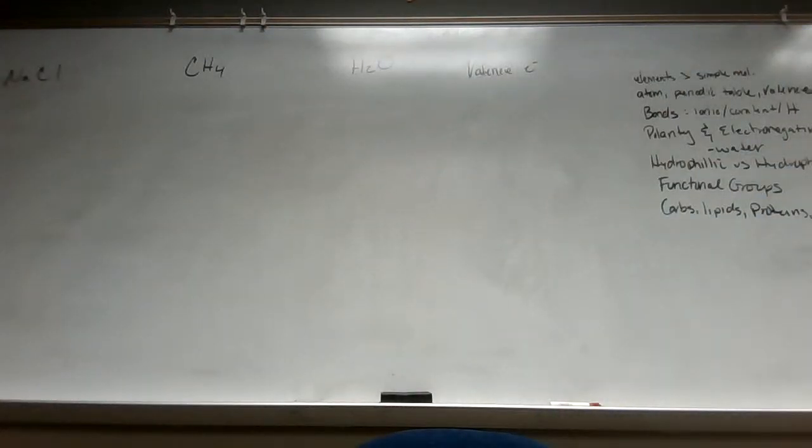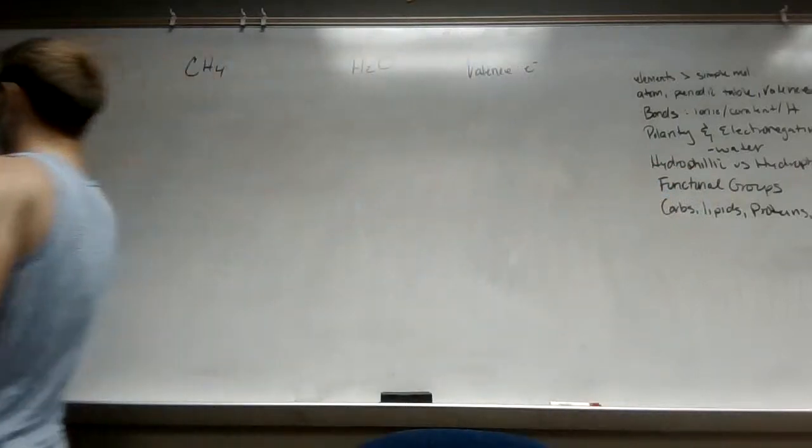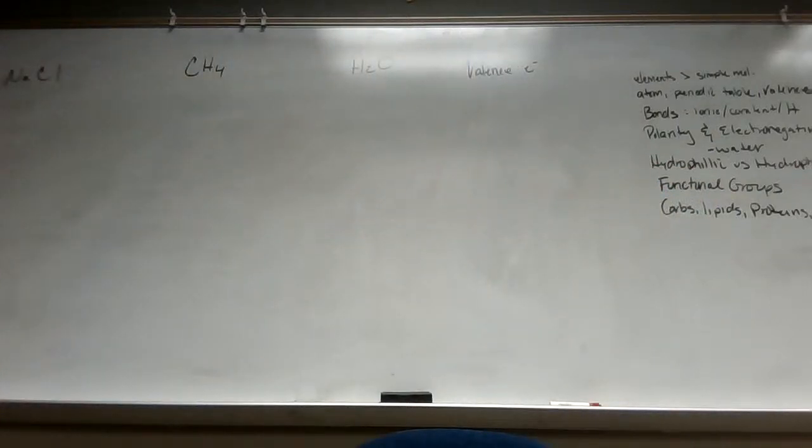One. Sodium is atomic number 11, which means it has 11 total electrons, but it's in the first group, so it is going to have one valence electron. In sodium's outer shell, we have one electron.